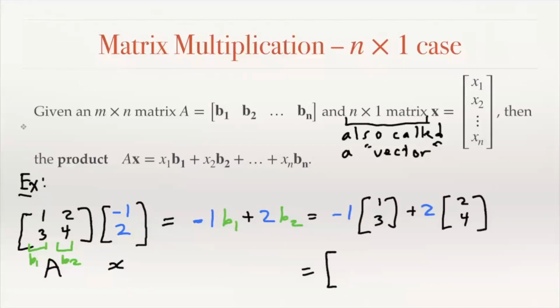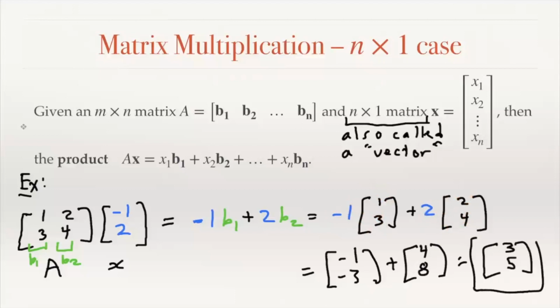And this is matrix scaling each of these. So the -1 times this matrix, we distribute it to each component. So that's -1, -3. And similarly, we distribute the 2 to each component. So 2 times 2 is 4, 2 times 4 is 8. And adding those, we have 3, 5 is the result of that matrix product.